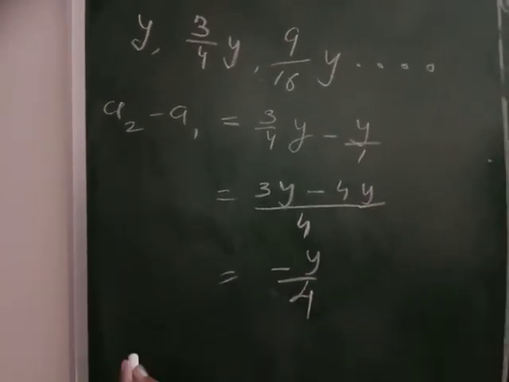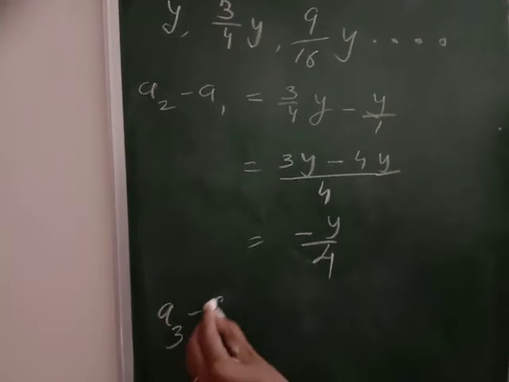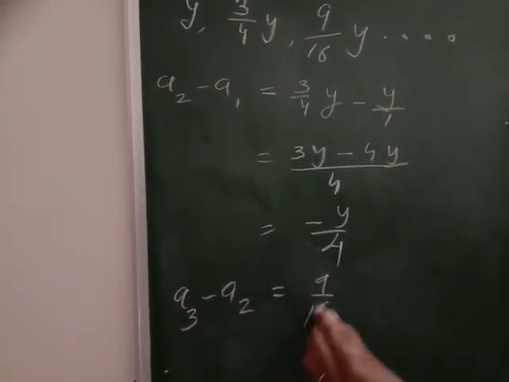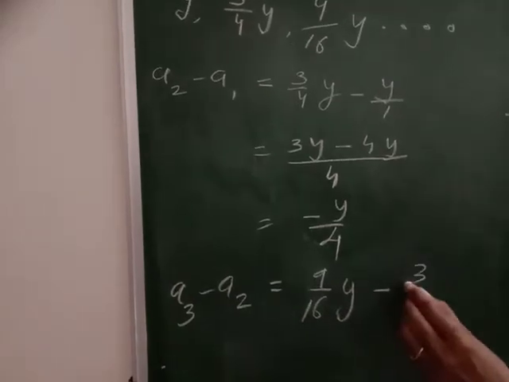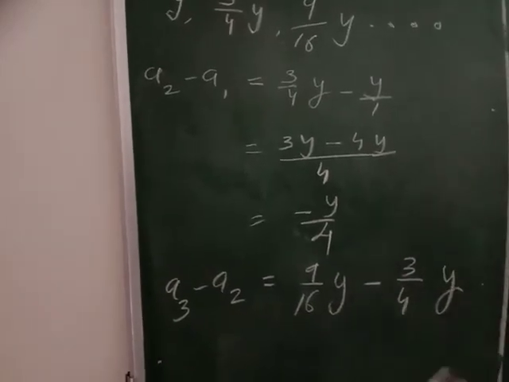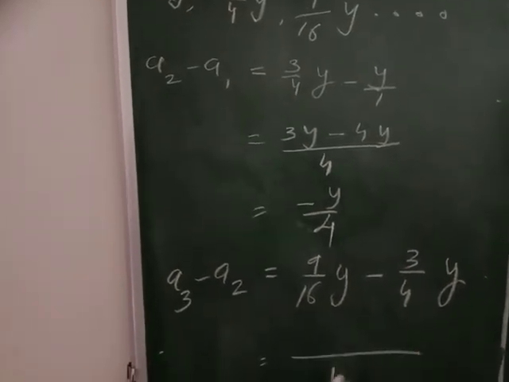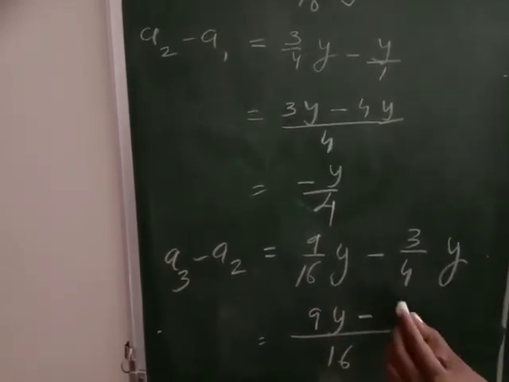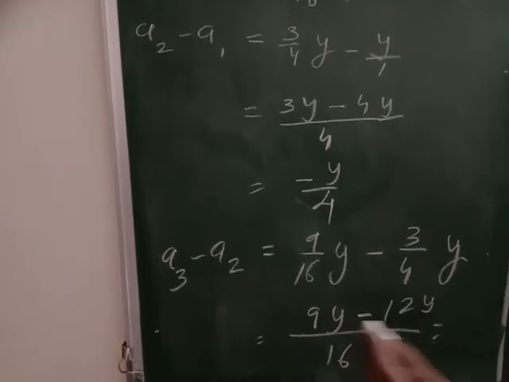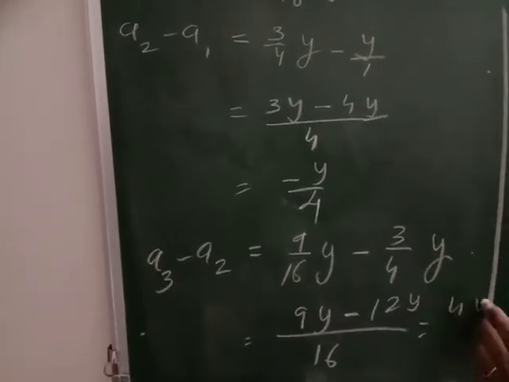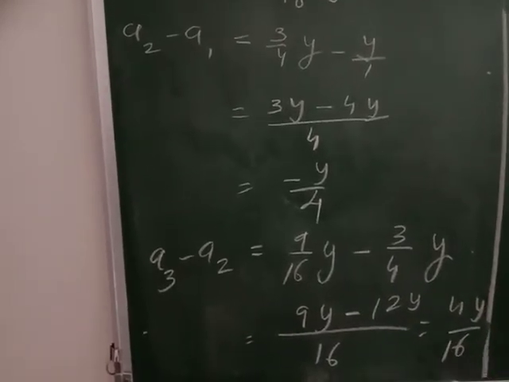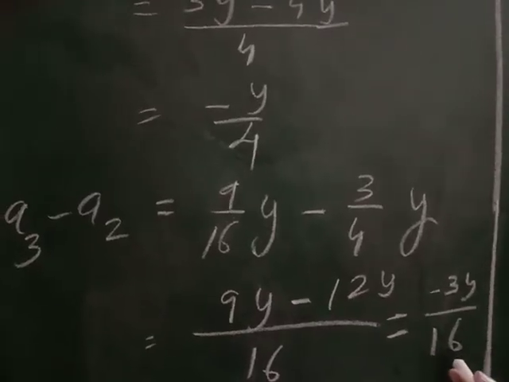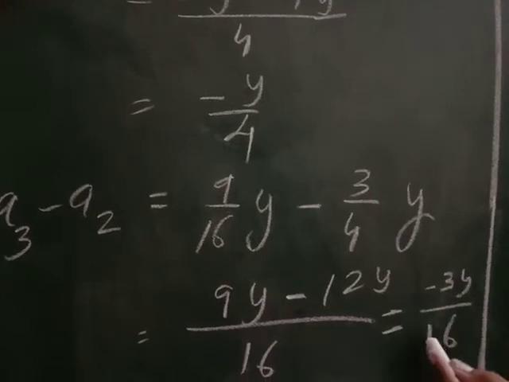Okay. Now I will do A3 minus A2. What is my A3? 9 by 16y minus 3 by 4y. So 16 is the LCM. So 9y minus 4 3s are 12y. So I am getting the answer 4y by 16, that is minus 3y by 16.